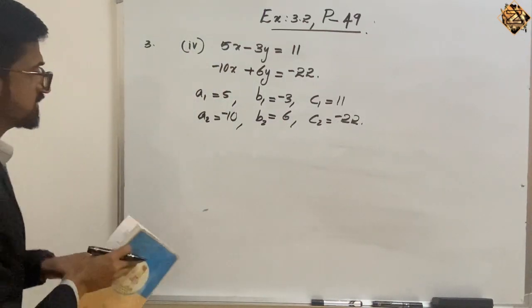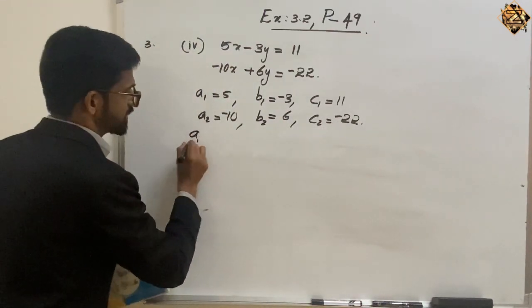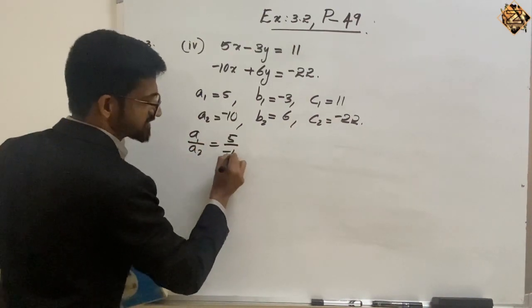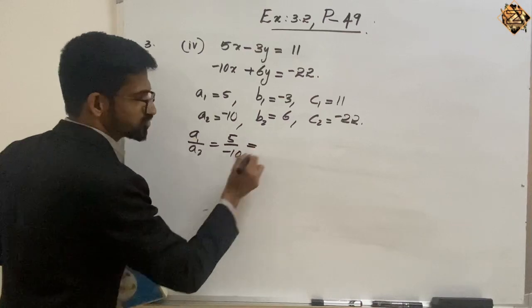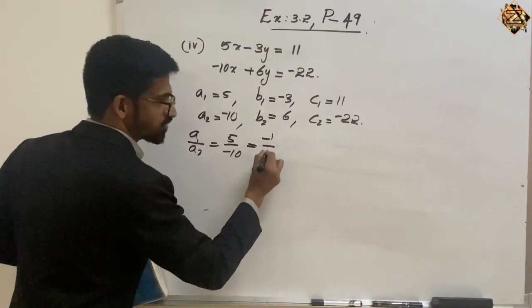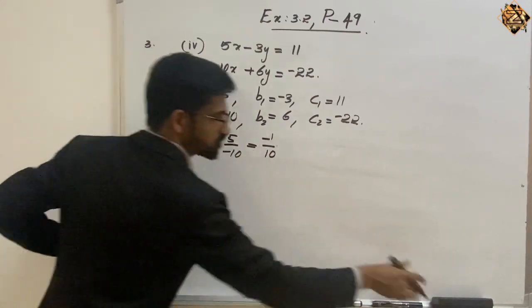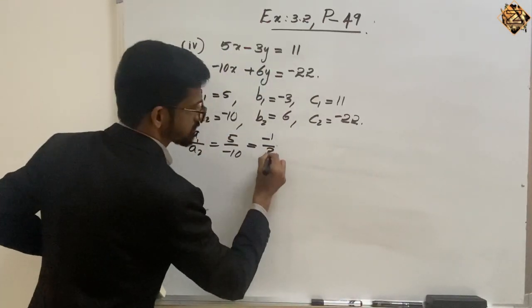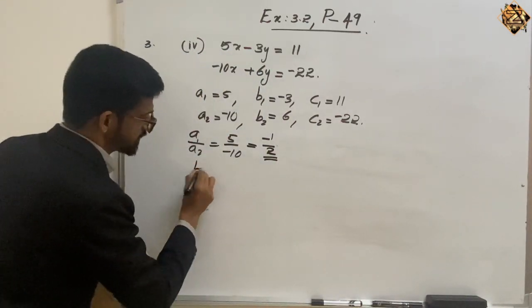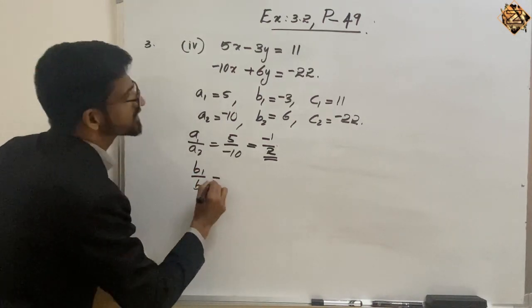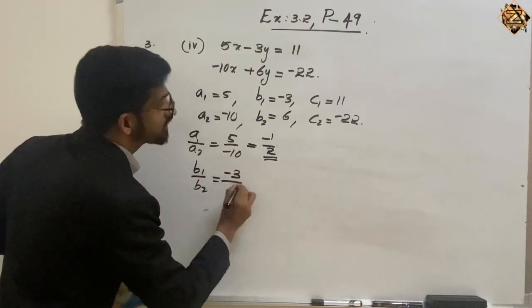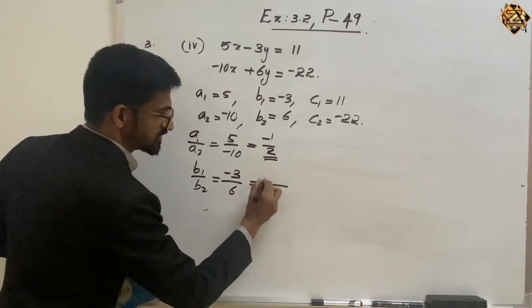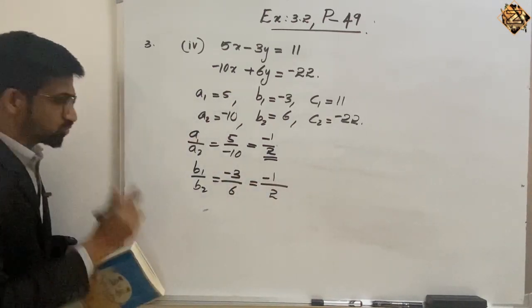Taking the ratios here, a1 by a2 is 5 by minus 10, that is minus 1 by 2. b1 by b2 is minus 3 by 6, that is minus 1 by 2.